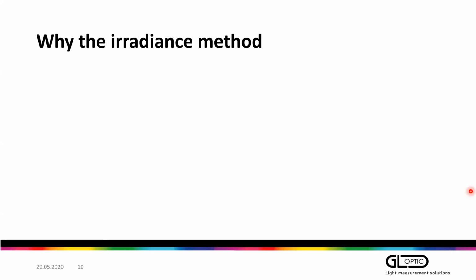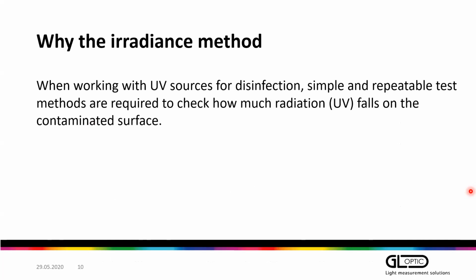And this kind of measurement system can help you to evaluate the distribution. But in fact, the most popular and also the most useful method for disinfection evaluation would be the irradiance method, because we are in fact checking how much radiation falls on a contaminated surface. So there is a source or an installation or a lamp above a certain surface, and what is important for the disinfection process is the dose reaching this specific surface.